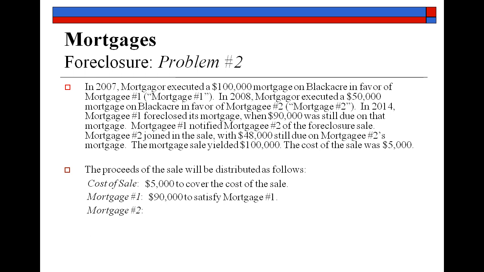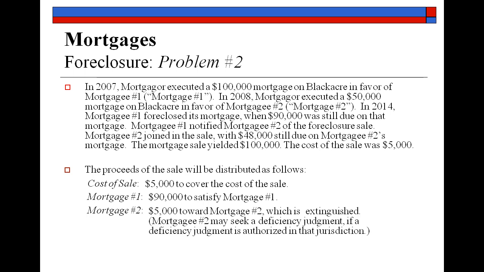However, we next move to mortgagee number two, who was owed $48,000. Only $5,000 is left, though, from the proceeds of sale, so the $5,000 goes to mortgagee number two. And mortgagee number two's lien on the property is extinguished.